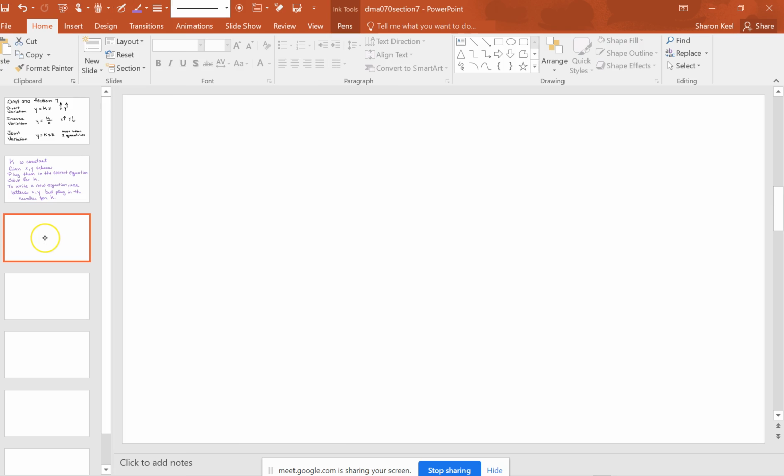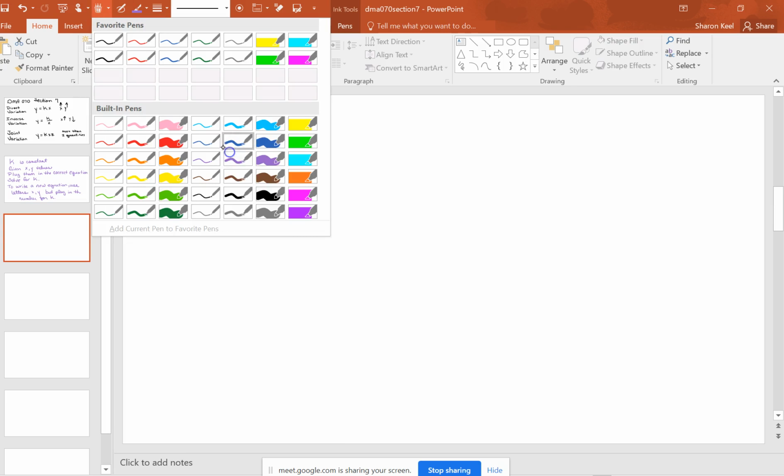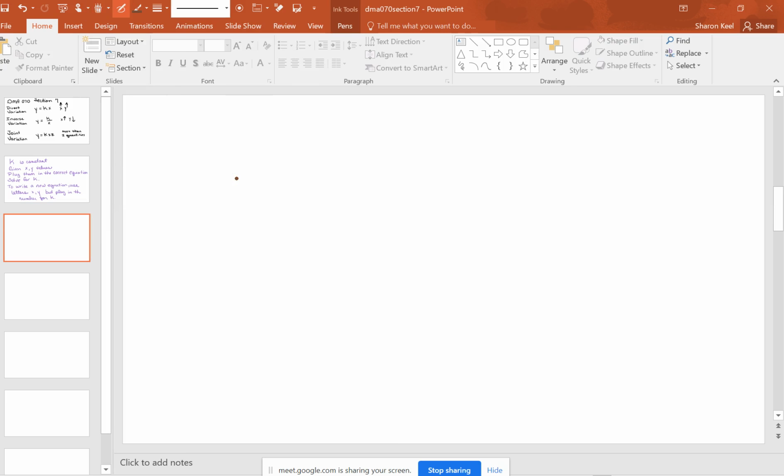So let me come to a new page here. So let's say we have y varies directly as x. And I'm told that x is 2 and y is 10. So this is a direct variation.